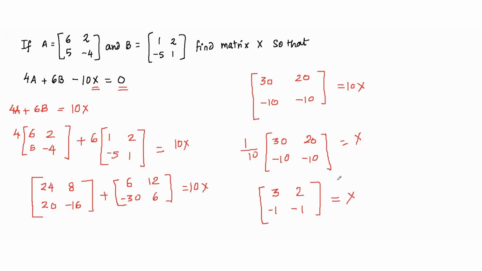And this is how we find the value of the unknown matrix. So the concepts used over here were simple multiplication of a matrix with a scalar value and addition and subtraction of matrices.